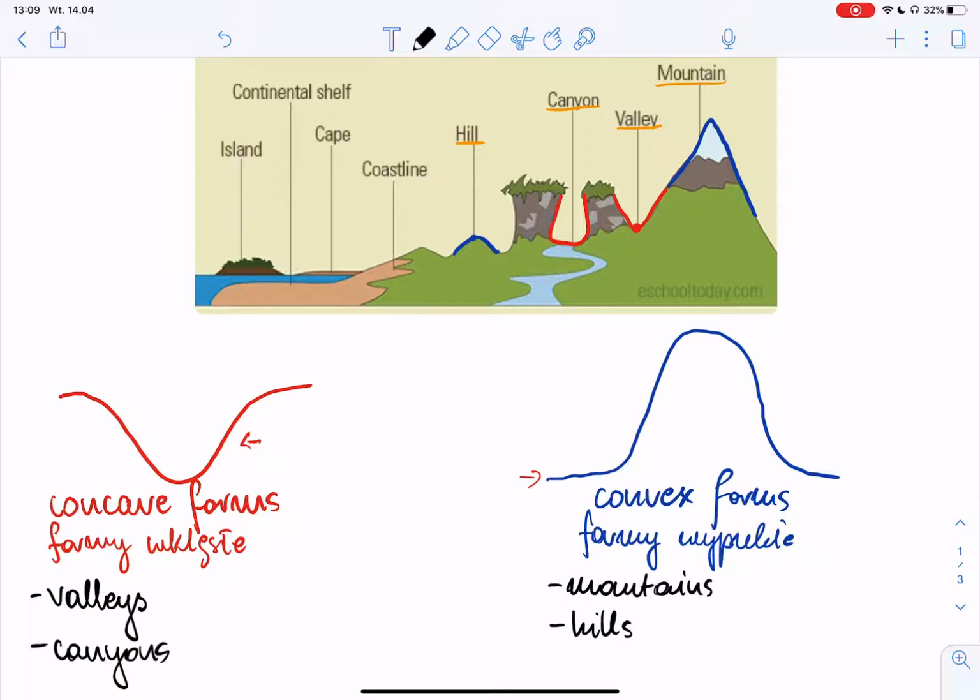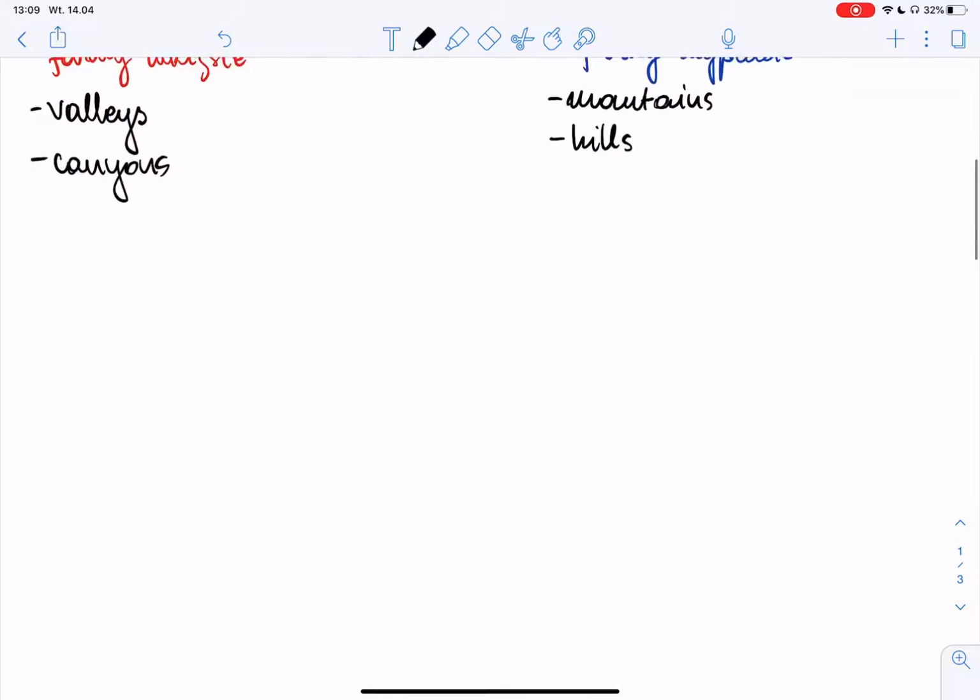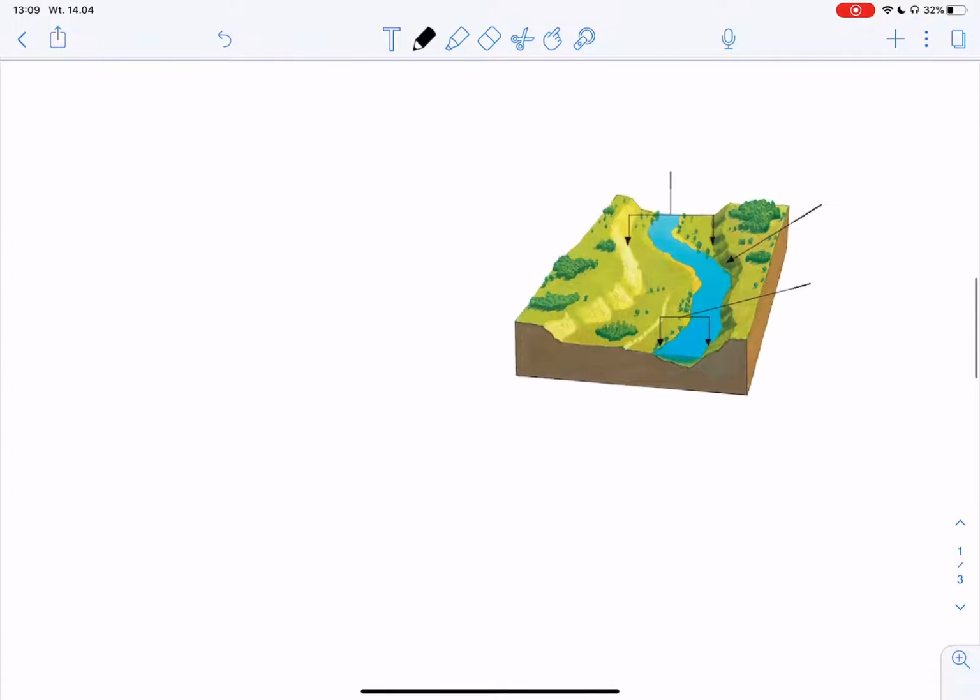And guys, here I have a nice diagram of a valley. Unfortunately, I haven't found a similarly nice diagram for a hill, so I will have to draw it. So guys, here we have a hill, which is once again a convex form.